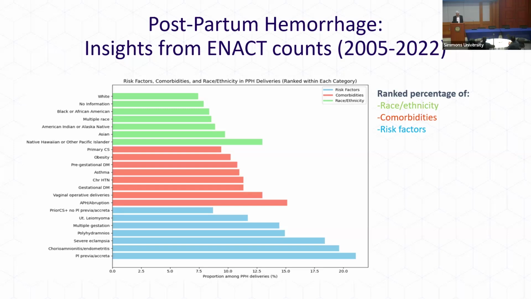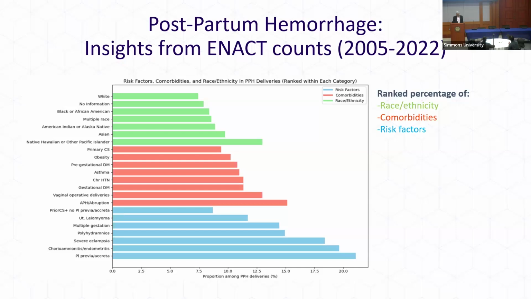One of the interesting things which came out of this analysis is that among the racial ethnic groups, the Asians are at the highest risk for postpartum hemorrhage. And this is something which has really not been there in the literature which has examined US data.